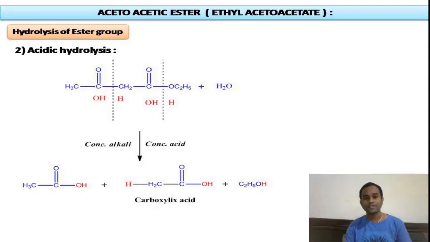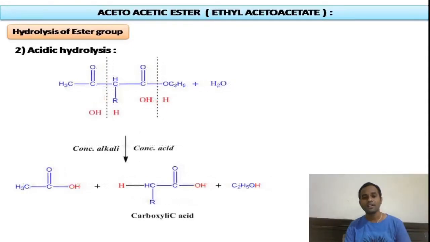Not only acetoacetic ester but also alkyl substituted acetoacetic esters will undergo hydrolysis to give various carboxylic acids, which you can see in this reaction. This monoalkyl acetoacetic ester will also, upon treatment with concentrated alkali or in presence of concentrated acid, undergo hydrolysis, leading to the formation of carboxylic acid as the main product.